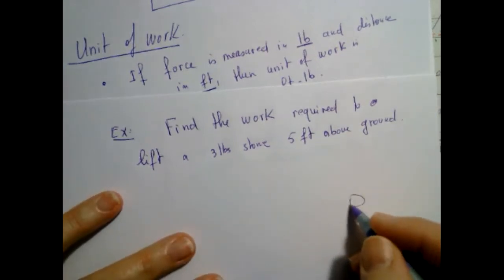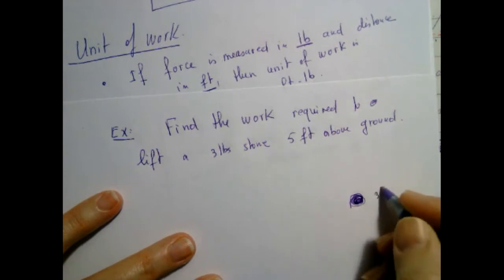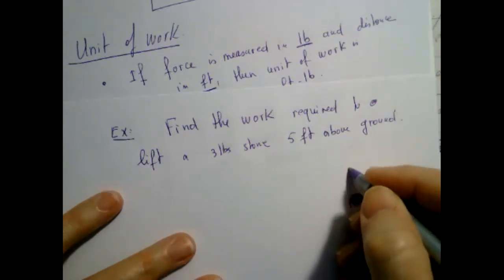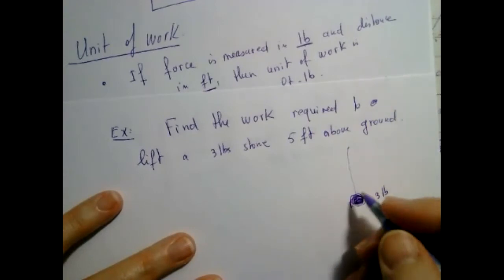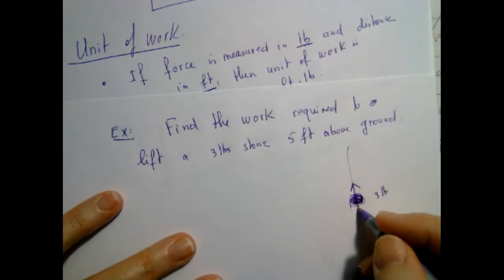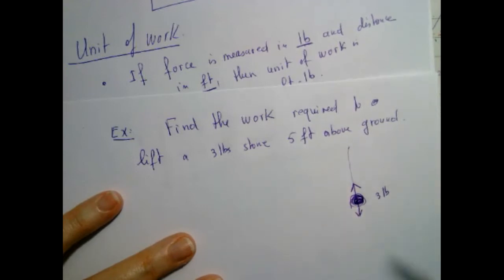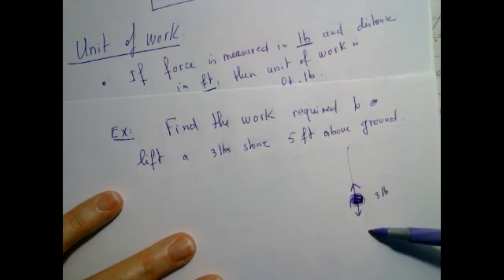So here we have a stone and it weighs 3 pounds, and we need to lift it 5 feet. Now, as you probably know, the force you need to lift the stone is exactly equal to its weight, because you have to compensate for the force due to gravity.